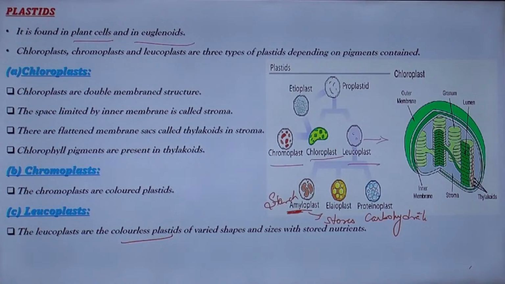And then elaioplast, what does it do? Elaioplast also stores something. What does it store? It stores oil and fat, lipid. It stores oil and fats.